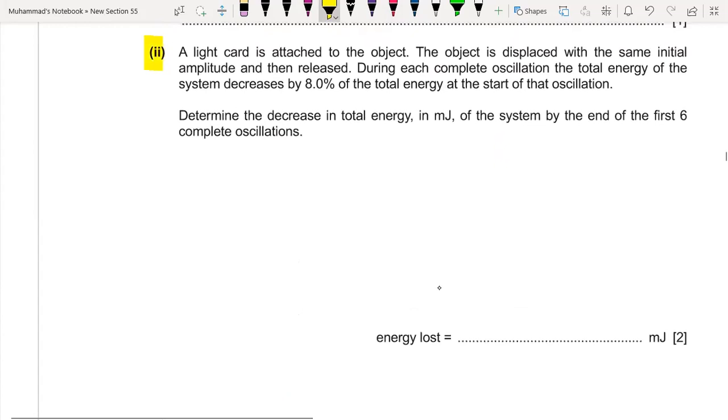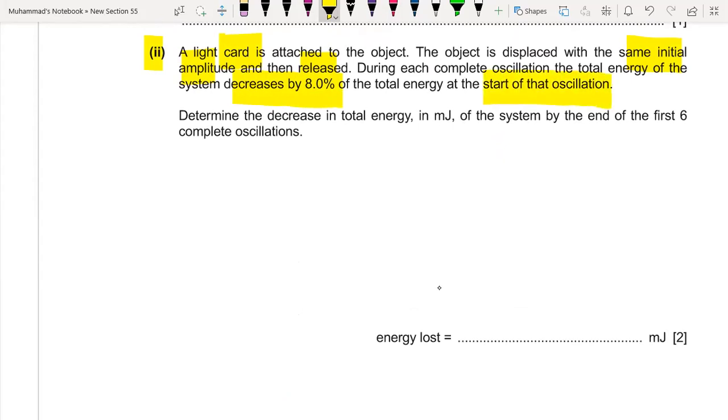Let's do this part. A light card is attached to the object. The object is displaced with the same initial amplitude and then released. During each complete oscillation, the energy of the system decreases by 8% of the total energy at the start of that oscillation.